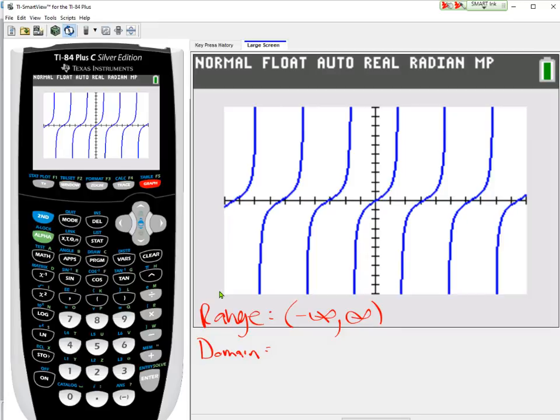So this is what makes it a little bit tougher to write. Except for all the intervals of what? All the intervals of pi halves. Because what happens at every pi half? You got an asymptote, remember?